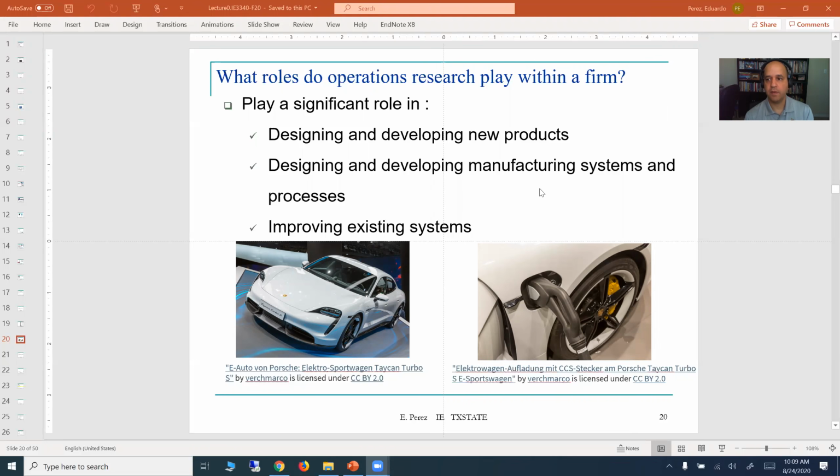So if you've been producing gas cars for I don't know how many years, now you have this new technology that is different. Like if you're going to assemble this engine, you cannot use the same equipment and machinery that you've been using for the past, I don't know, 50 years.